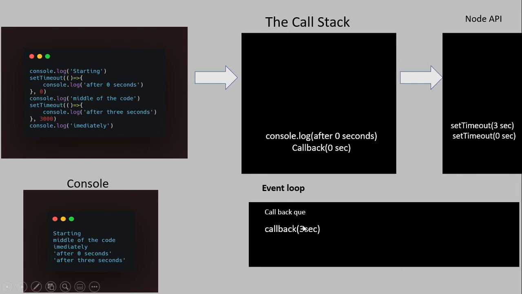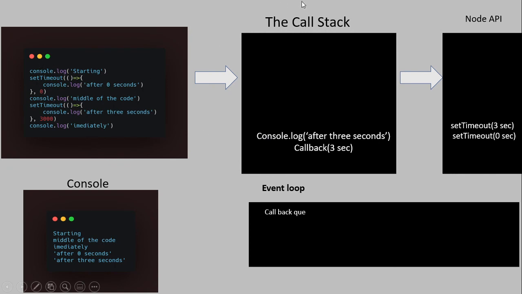This function is ready to be executed also, but the call stack is not empty, so it unmounts the console log and the callback. Then it goes further and says, okay, the call stack is now empty. We can go further and send the callback to the call stack, and we see console log after 3 seconds in the console. And that's the end of this little presentation.